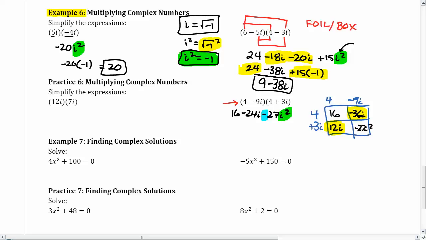And really what that i squared is going to do is just change that sign from a minus 27 to a plus 27. So it's going to be 16 minus 24i. Instead of minus 27i squared, i squared changes the sign. So it's just plus 27. So what is 16 plus 27? Well, that is 43 minus 24i.